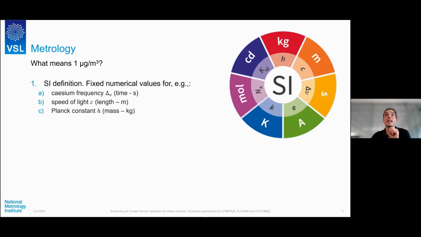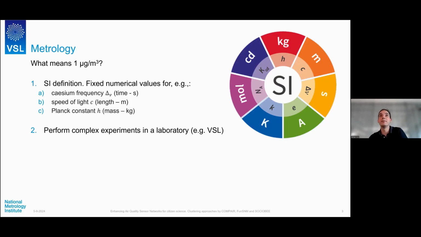Similarly, if you have the second and you fix the speed of light, which is about 300,000 kilometers per second, you can derive what a meter is. Another constant is the Planck constant, h, and with that and knowing what a second and a meter are, you can derive what a kilogram is.